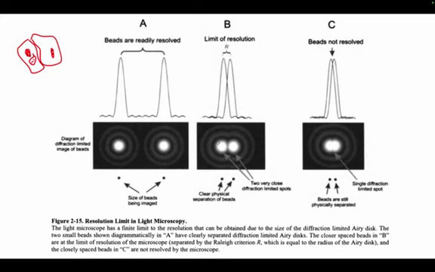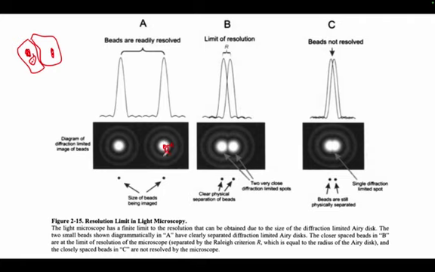And the minimum separation at which we can make out these two point objects separately is called the limit of resolution. This is something called the Rayleigh criterion. The Rayleigh criterion states that this distance is r, the distance from the center of this bright spot to the middle of this dark spot. This much is r.